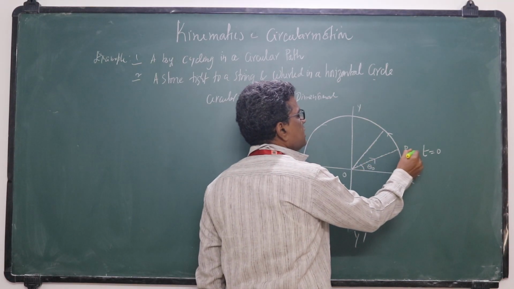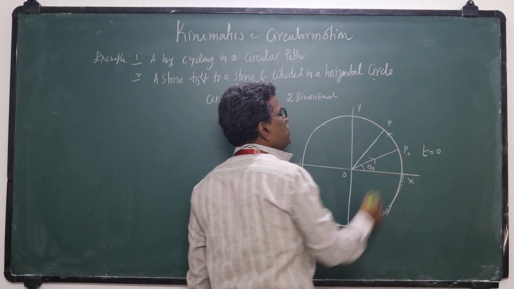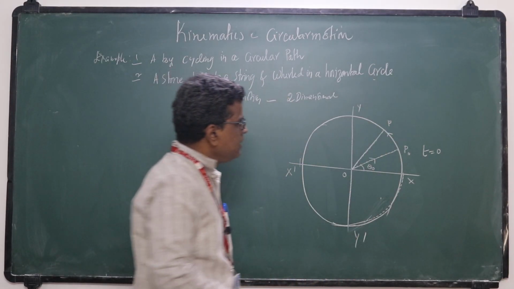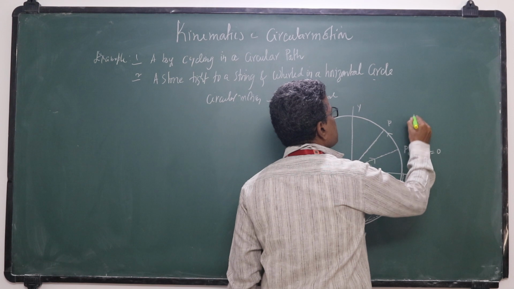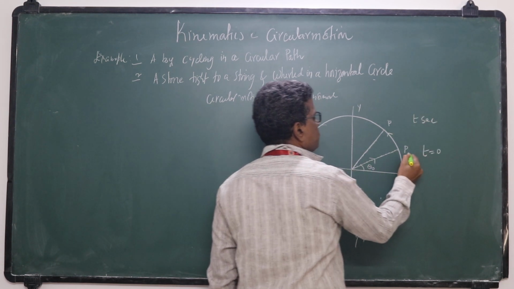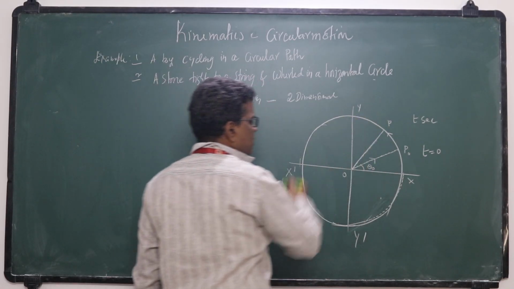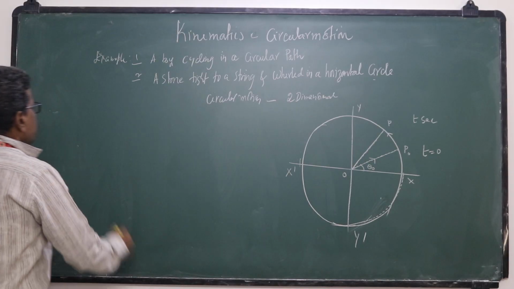After t seconds, let the position of the particle be P. So when time starts, P naught is the position of the particle, and it moves with uniform speed.